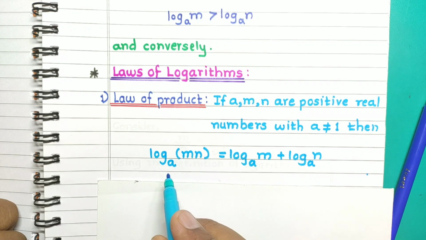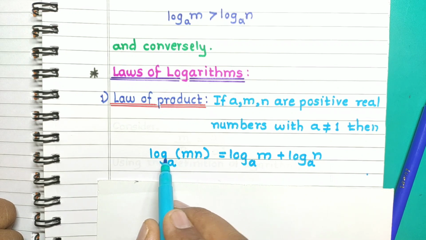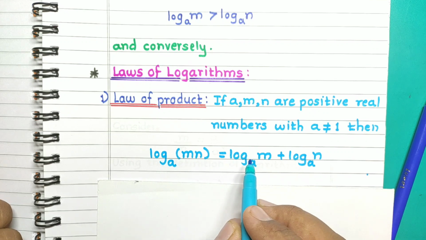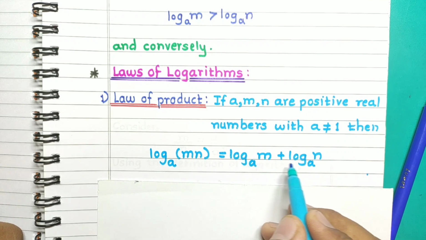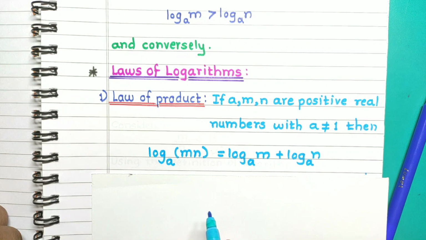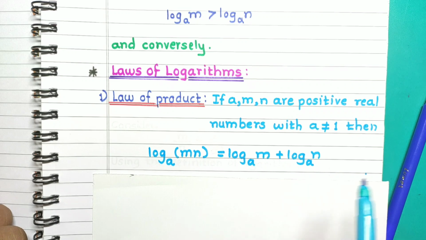That means if a logarithm contains a product of two terms, then we can add their logarithms separately. Then let's prove this result.